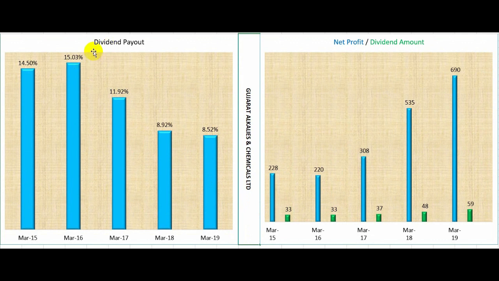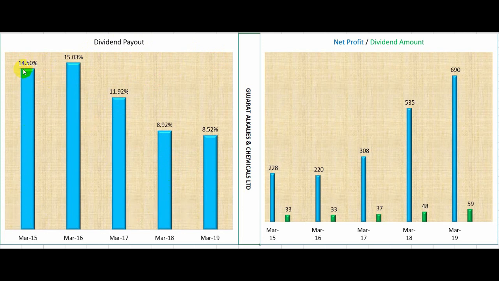Dividend payout. How much of the net profit was paid out as dividend to the shareholders? This is just a cursory look. It does not help in analysis, but it's good to understand how the company looks after the shareholders' interest. The payout has been consistently decreasing from March 15 till March 19.